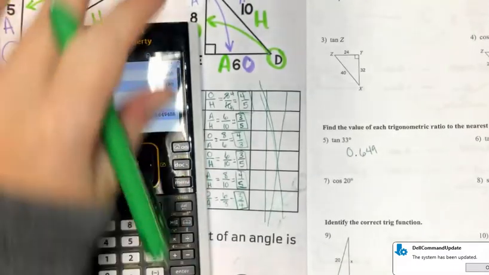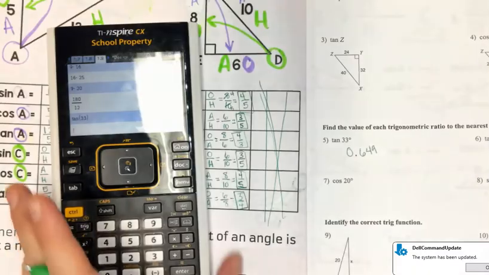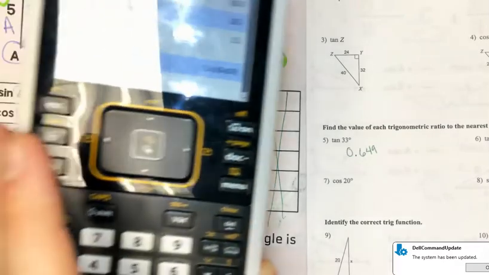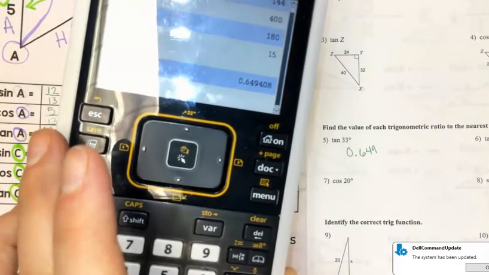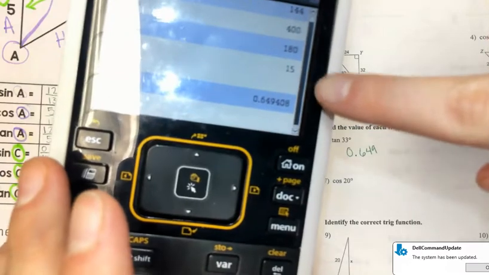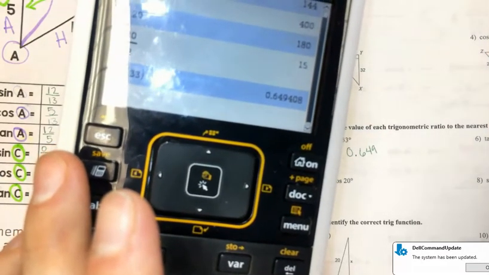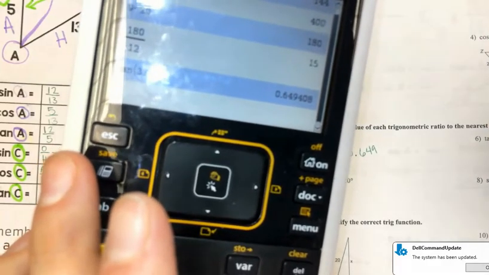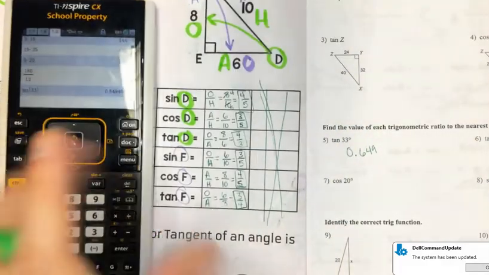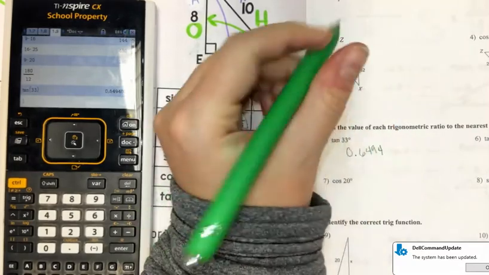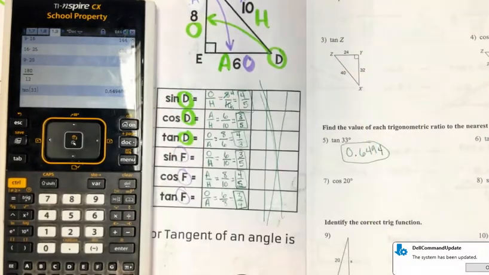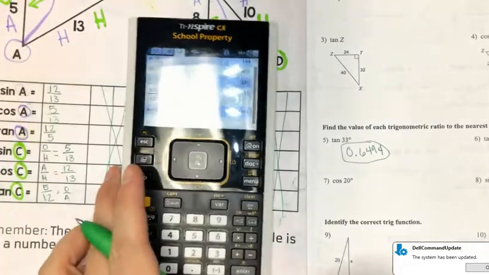So 0.649, and then 4 is going to be that last number, but we need to look at the next number, that 0, to figure out if we round up or down. And it looks like we are just going to leave it at 4 because the 0 does not round it up. And that'll be our final answer.